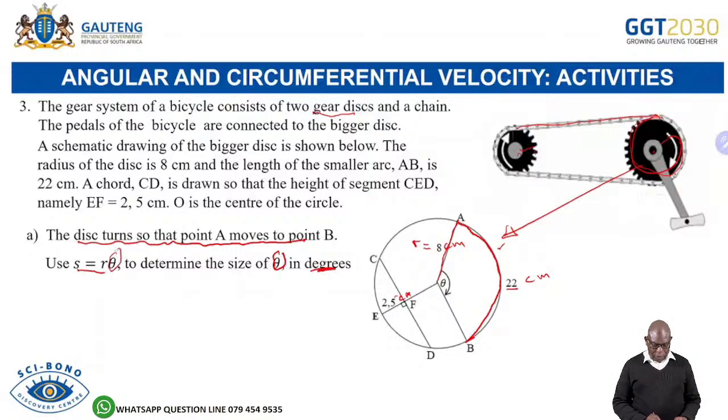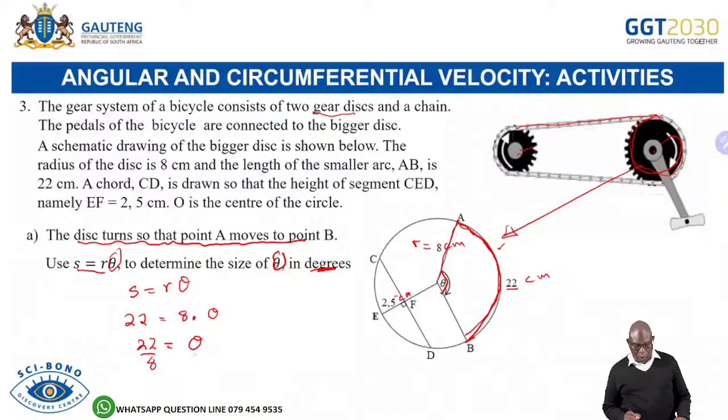What did I say about theta? It's in radians. So you use the formula S equals r theta. S, it's 22, is the length of this line, an arc length. I need this angle here. The r is 8, multiplied by theta. So what do I get? Theta is 22 over 8.